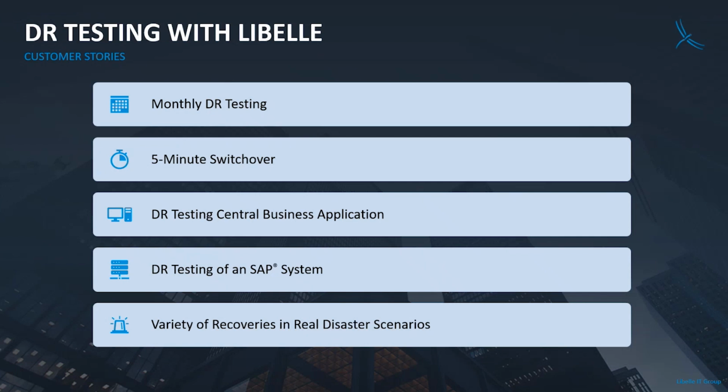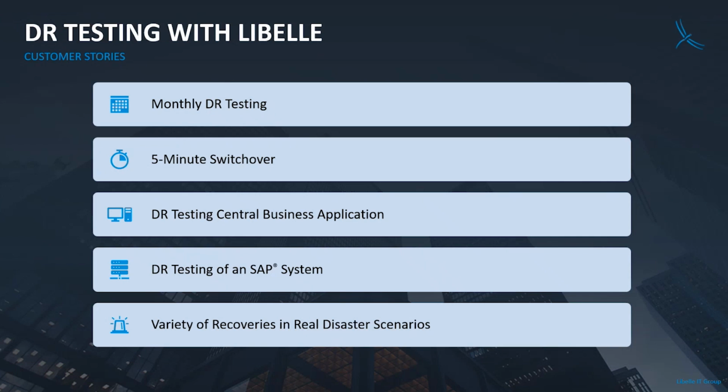Then we also have a hospital customer where they did a DR test with a hard requirement that the database and the application needed to be switched over within 15 minutes. And there we switched over the database within 5 minutes. Another customer is DR testing one of their central business applications where we switch over the database, the application is switched over, and then application functionality testing is being done to see that projects can be created, that they can be viewed, and that it's all functioning how it should.